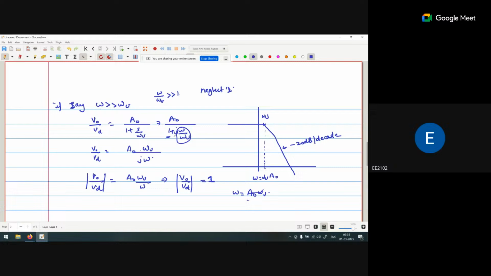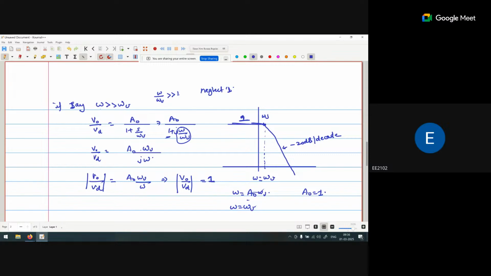And if I assume A naught is also 1, then omega is nothing but omega u. So if A naught is 1, I can remove this A naught, and at omega equal to omega u, my gain is 1. And after that, it will start reducing.